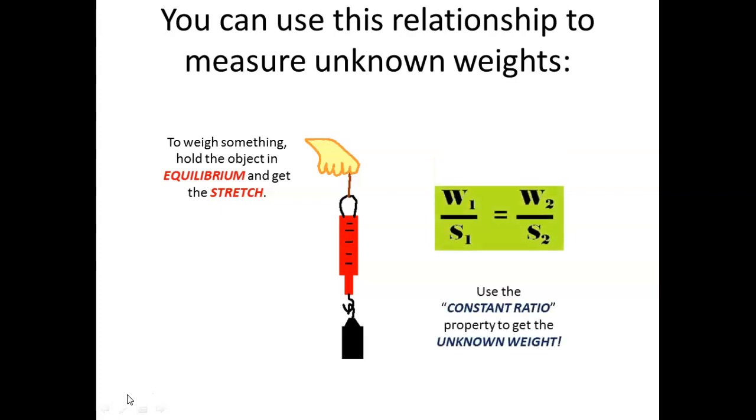What we'll do is set up a known weight and a known stretch with an unknown weight and a stretch that we observe. If we set those two ratios equal to each other, we can use the method of cross multiplication to solve for the unknown weight W2, for example. So we'd like to try that after we've had a chance to do the experiment.